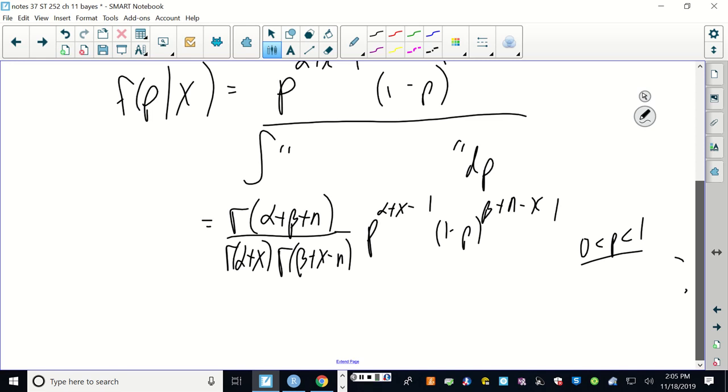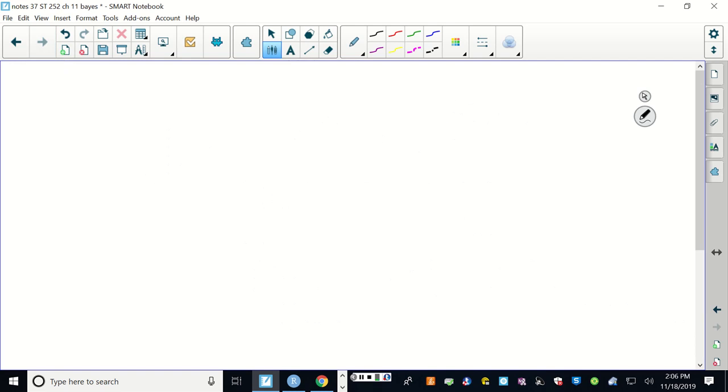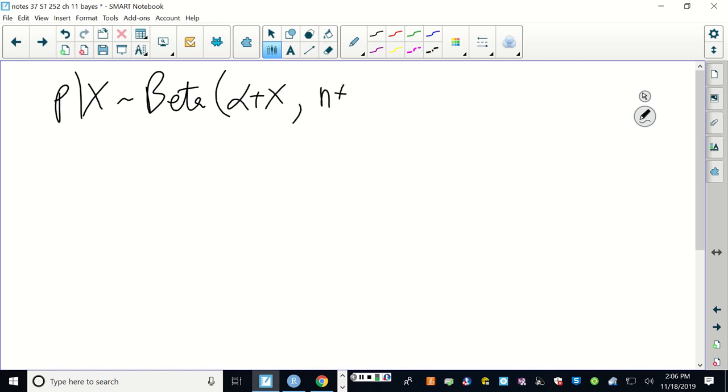The conclusion is that P given x has a beta distribution, and its parameters are alpha plus x, and beta plus n minus x. That's the distribution.